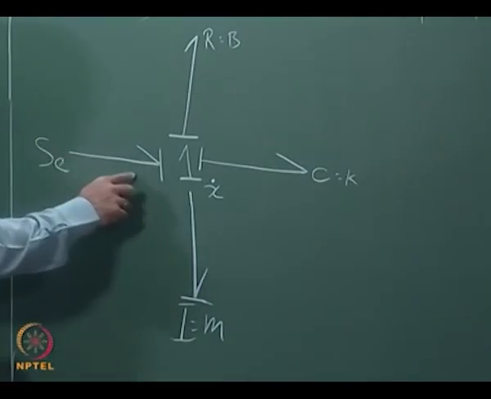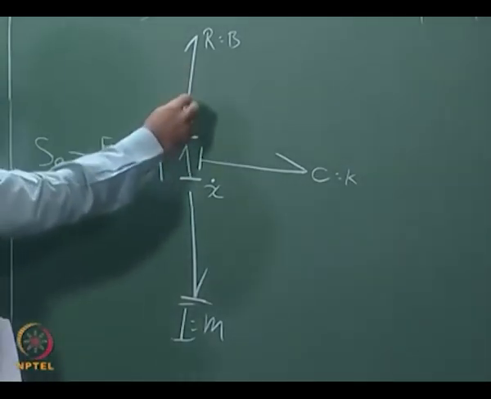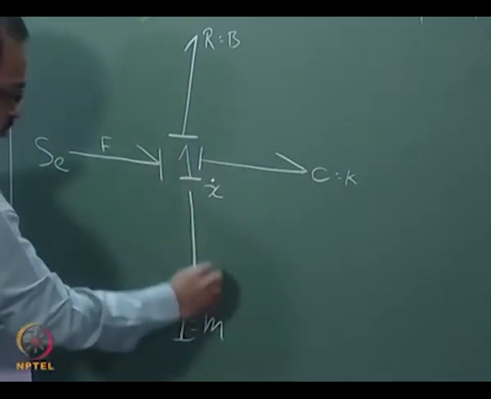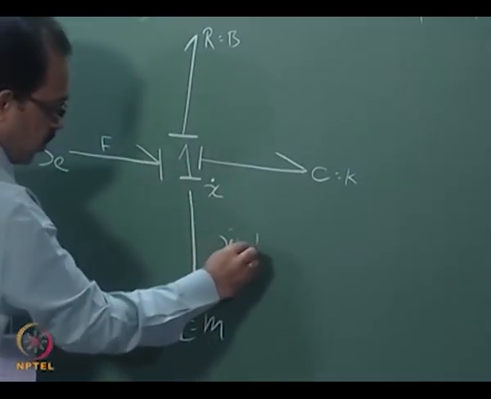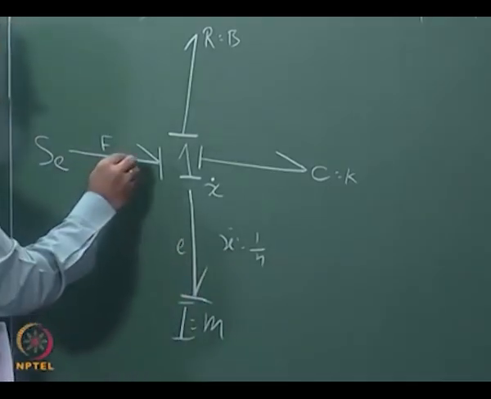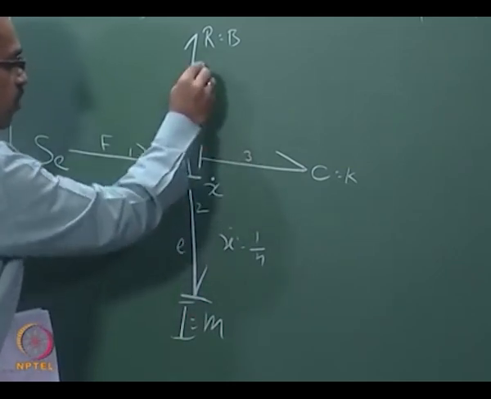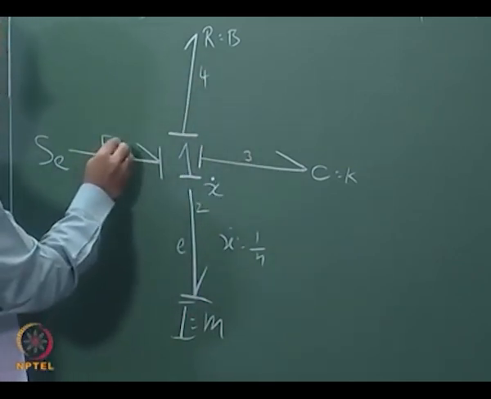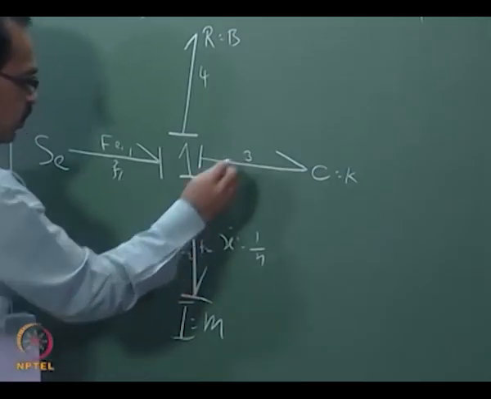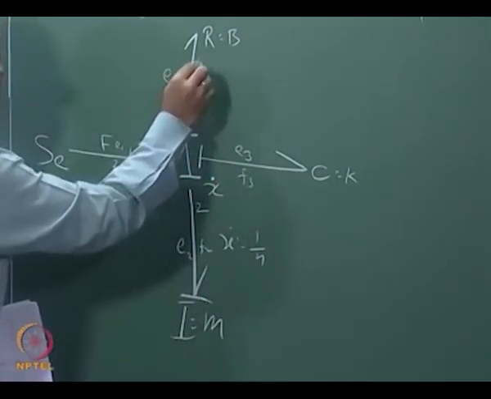So we have this source effort, so we know that this is a force coming, and this is R, this is the effort, this is the velocity coming. So we have an effort coming here. If I number the bonds 1, 2, 3 and 4, I can write E1 F1, E2 F2, E3 F3 and E4 F4.